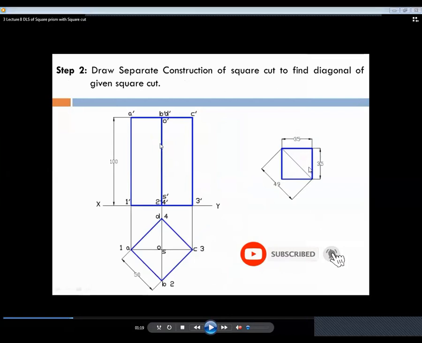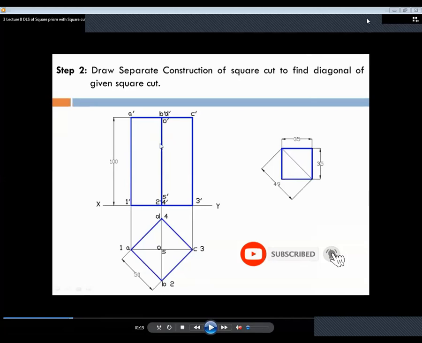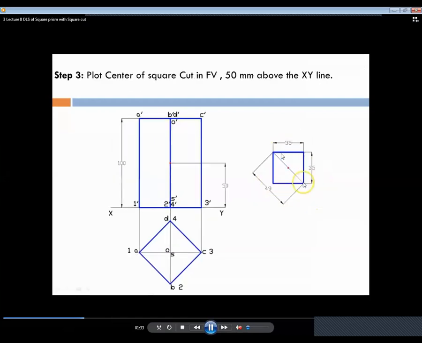If you want a 35 mm square hole to be drilled in the front view, then what you have to do is just draw at any side of the page 35 by 35. You draw a square on any side of page, take the diagonal dimensions and mark it at the center point of the front view.